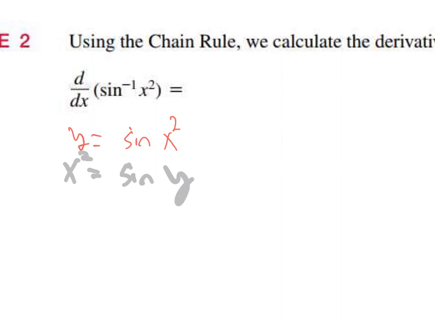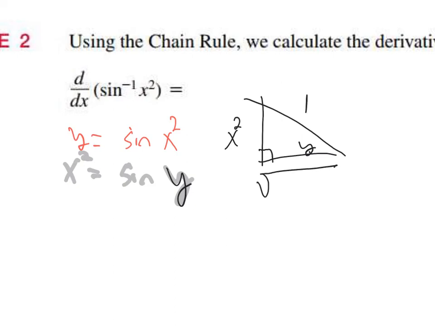And then draw that triangle, with my angle being y. Right triangle. X squared over 1. Sine is opposite over hypotenuse. The other leg must be the square root of, take the hypotenuse and square it, 1, minus take this side and square it, x to the 4.